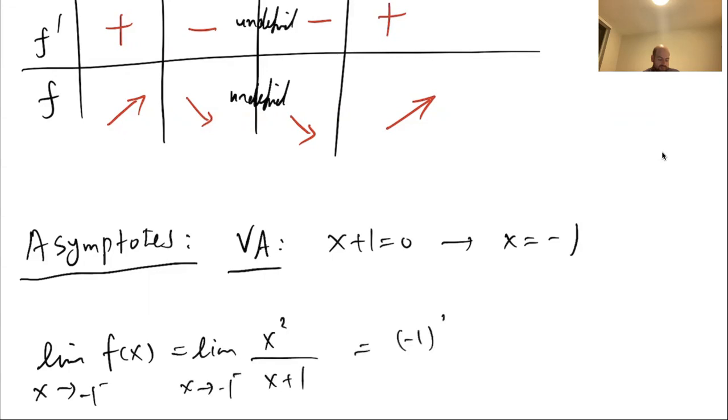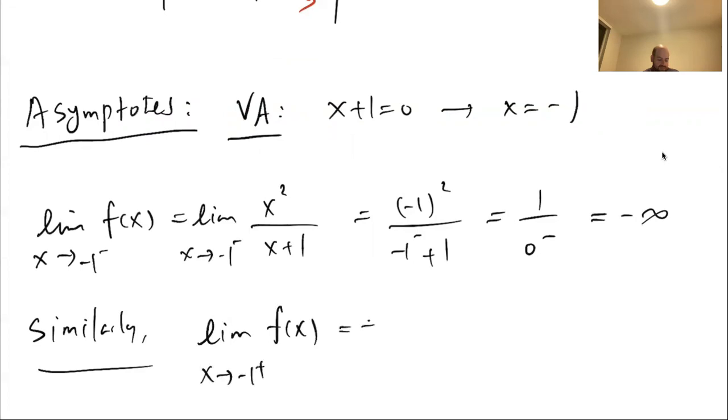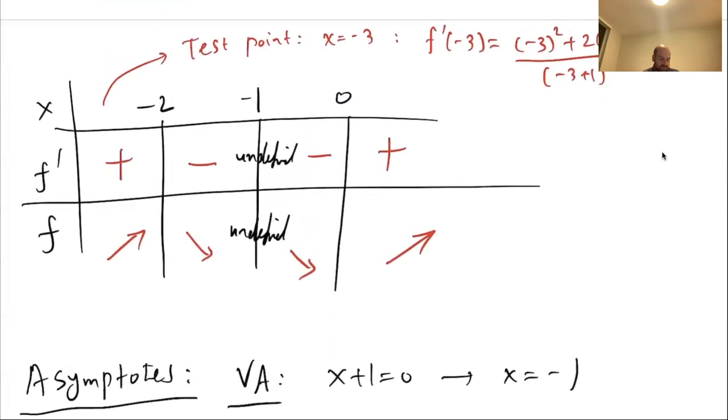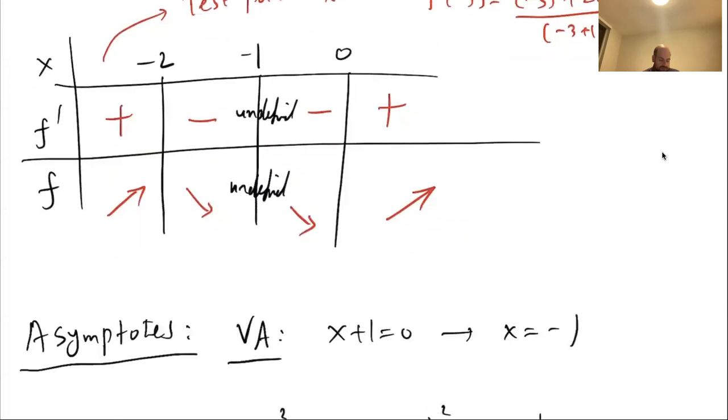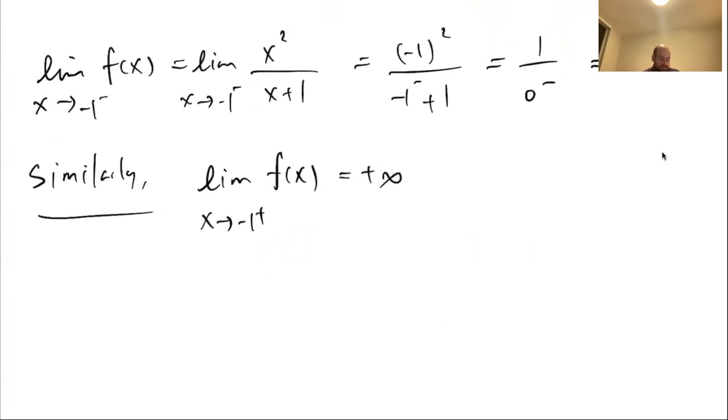So that's minus 1 squared divided by minus 1 minus plus 1. This is 1 over 0 minus, which is minus infinity. And similarly, you can check that the right limit at minus 1 plus will be plus infinity. So minus infinity here, minus infinity here, and infinity here. Okay, and this is for vertical asymptotes.